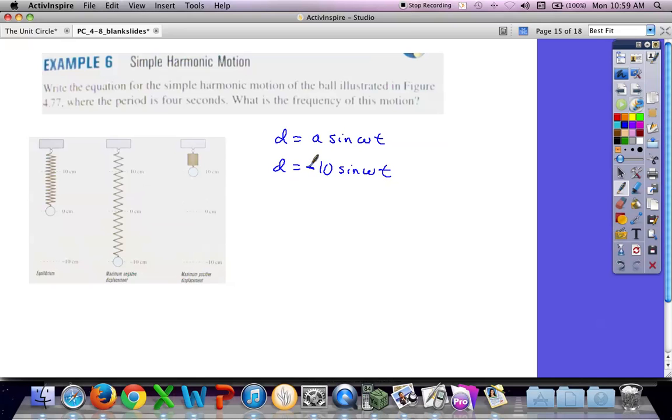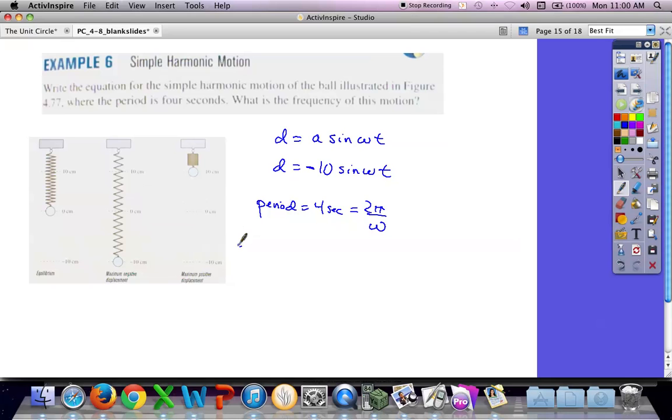Now, the only other thing I've got to figure out is this omega. How am I going to figure out the omega? They said the period is 4 seconds, so they're giving us the information we need. The period equals 4 seconds equals 2 pi over omega.